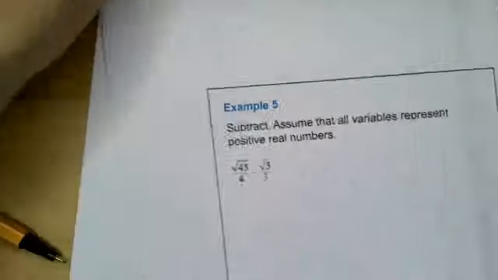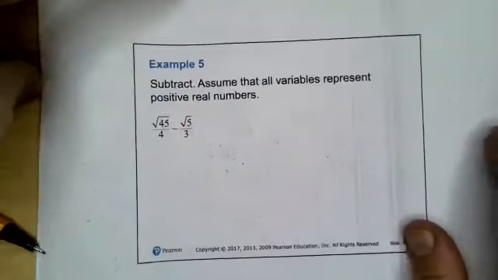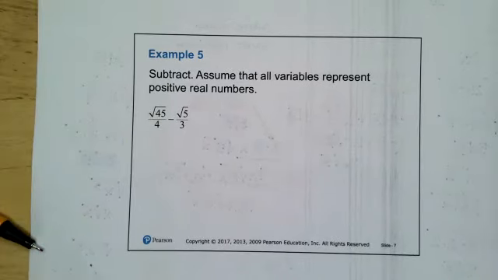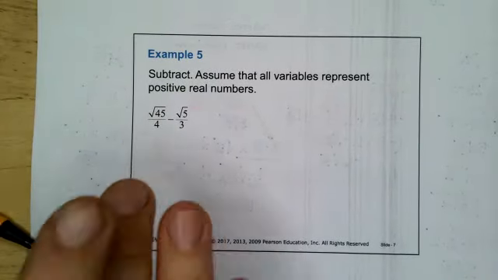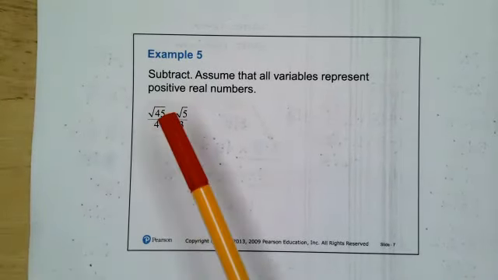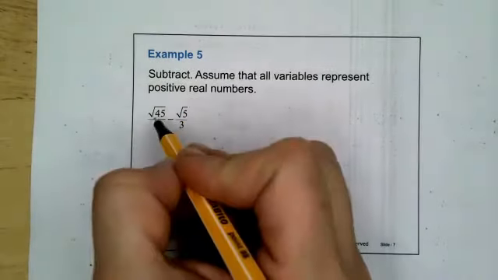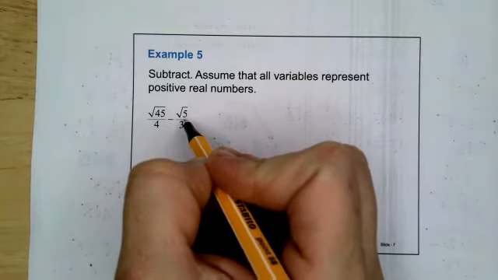Example 5. Subtract. Okay. So we're incorporating the rules for fractions with the rules for radicals. Assume all variables represent positive real numbers. Well, there's no variables here, so it's okay. So we have square root of 45 divided by 4 minus the square root of 5 over 3. Okay. The square root of 45 and the square root of 5.